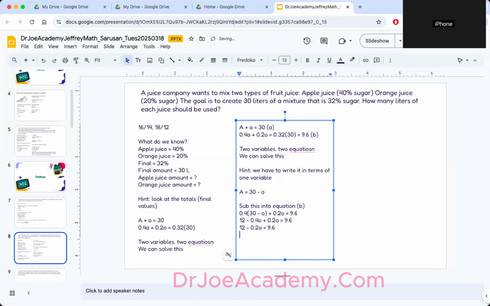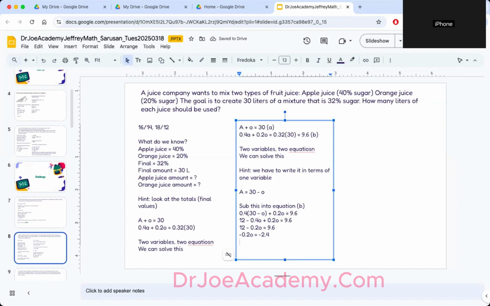And a couple more steps. Do you move the 12 to the other side? Sure. Yeah. So that's minus 12, so negative 3.6. Wait, let's double check if 3.6 is correct. No, I messed up. I think it's 2.4. Yeah, it is 2.4.